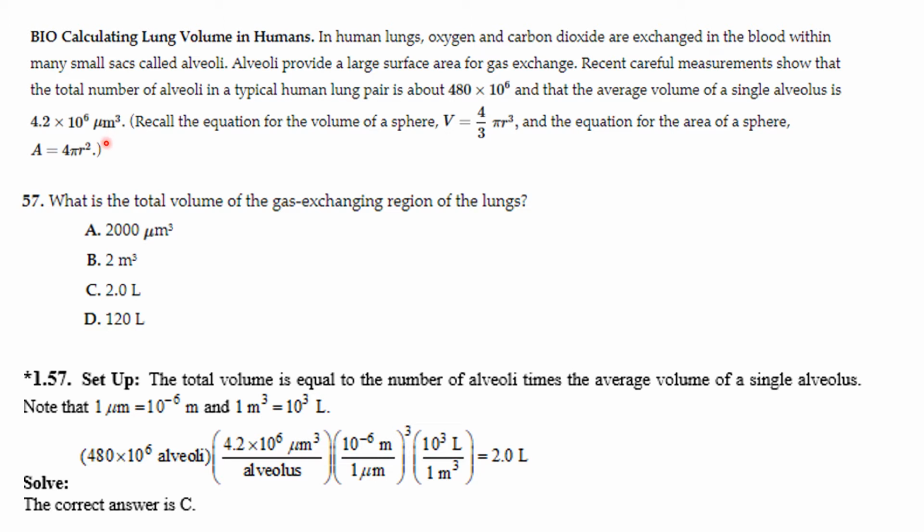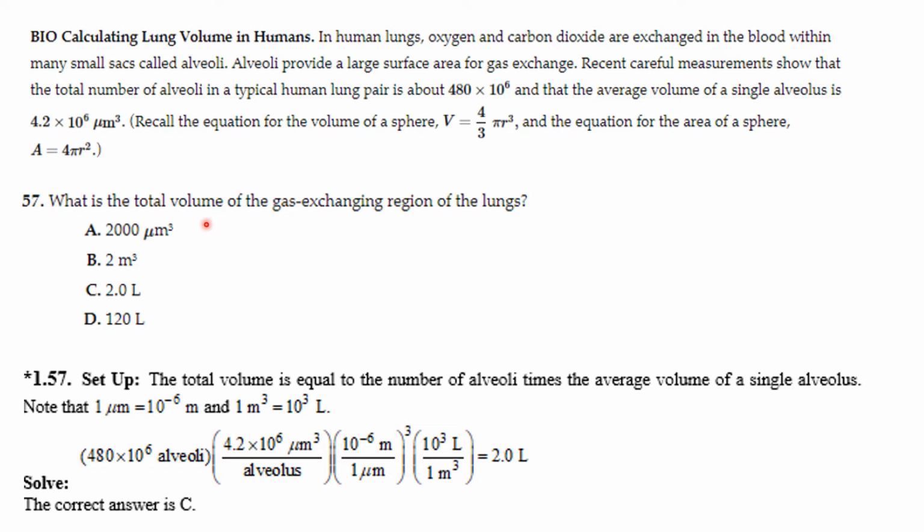This caused some confusion before, so this is not micro-cubic meters, this is micrometers whole cubed. And recall that the equation for the volume of a sphere is V equals 4 over 3 pi r cubed, and the surface area of a sphere is equal to 4 pi r squared.